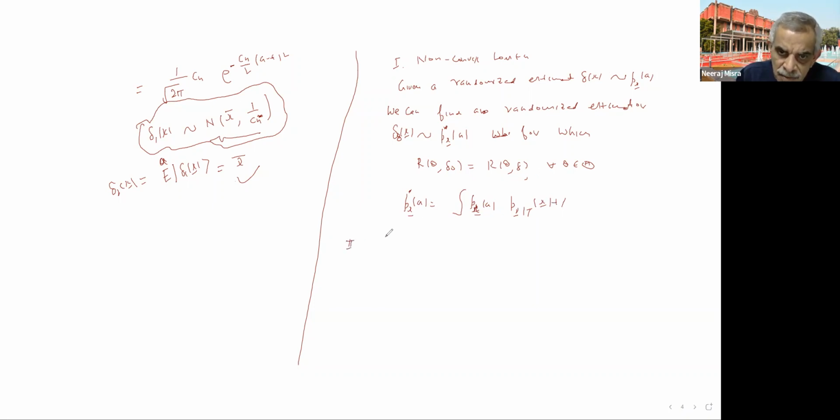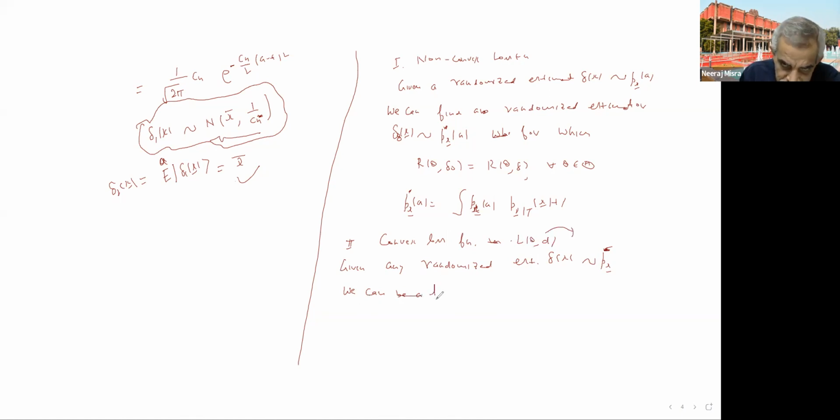The second thing is, for convex loss function, given any randomized estimator delta x, which has, let us say, some density p x, we can find, with the loss function L theta d convex in d, not in the parameter, a non-randomized estimator, let us say delta star.